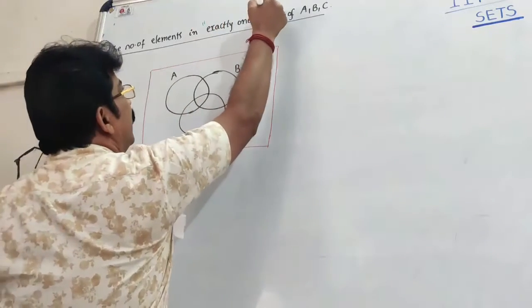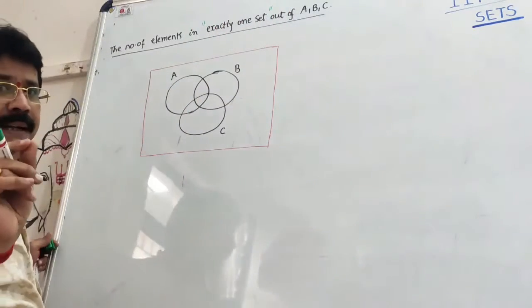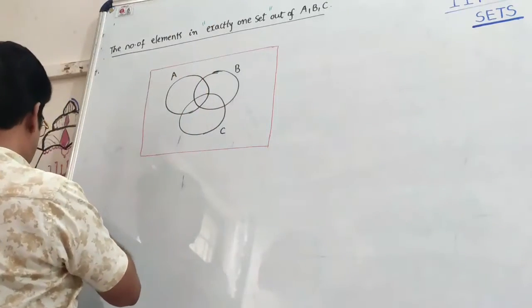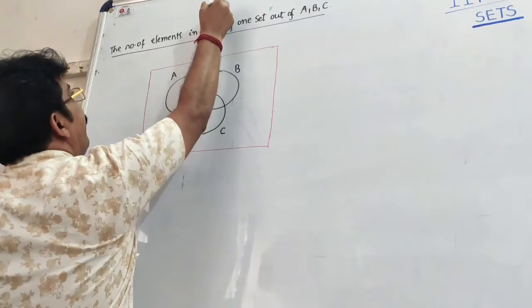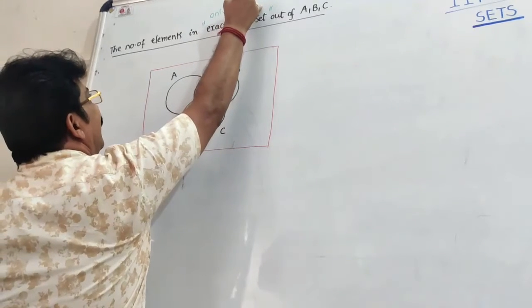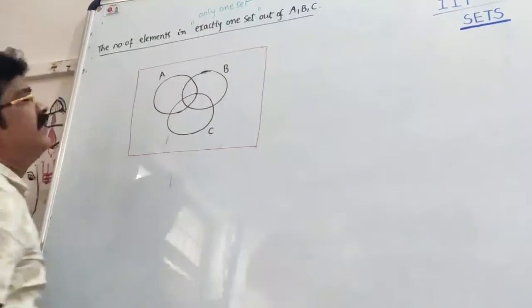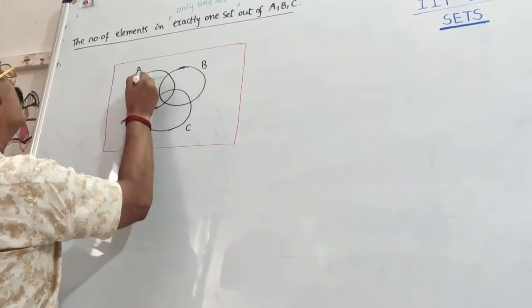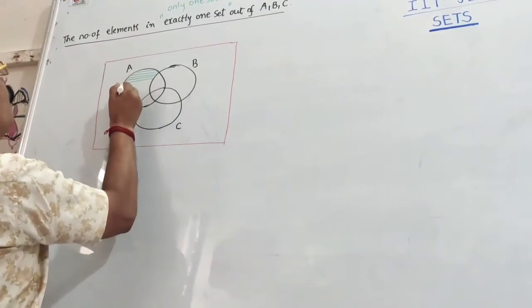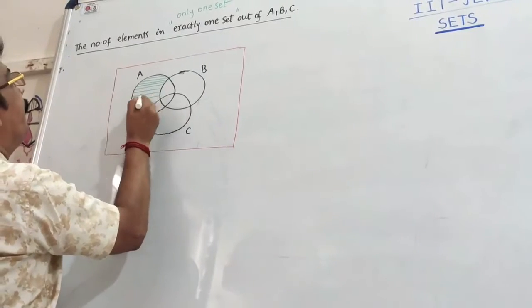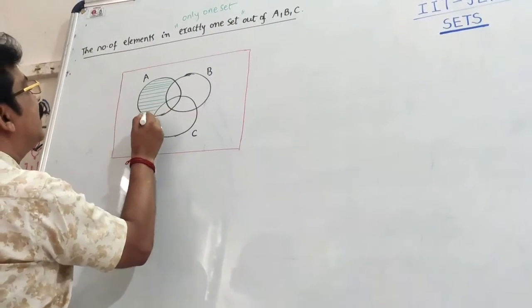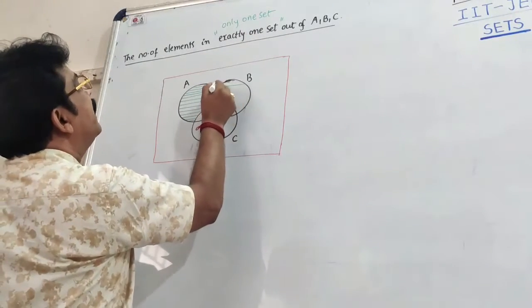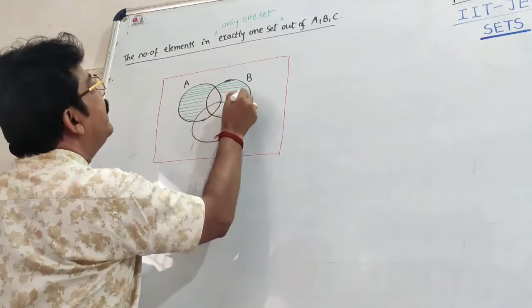Now, exactly one set means only one set. Only one means this area. This is only A. Next, only B means this one.